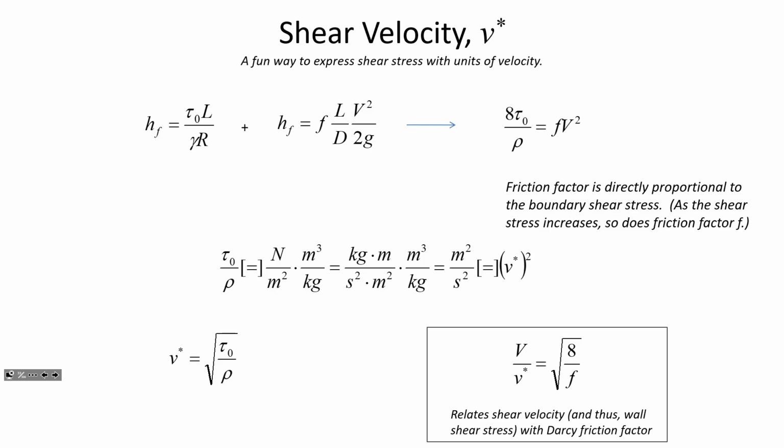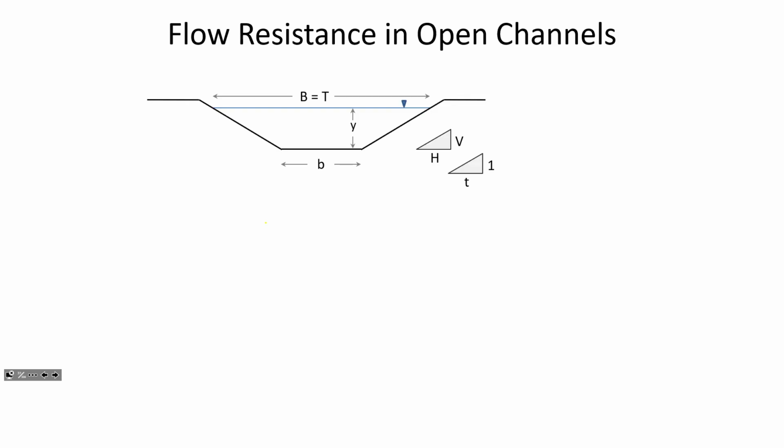Okay, so all of this has been closed conduit flow, but we're talking about flow resistance in general terms, kind of like the fundamentals of shear stress and energy loss, and a lot of those same fundamentals also apply to open channel. And here is a trapezoidal channel. You're going to spend a lot of time this semester pondering the geometry of a trapezoidal channel.